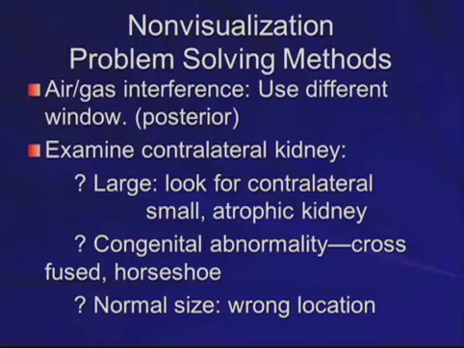Could there be a congenital abnormality? That's very important to think about. Is the kidney, for example, a cross-fused ectopia? The kidneys would be on the same side. And then finally, if the contralateral kidney, the one you visualize, appears very normal, then look for a kidney that's perhaps in the wrong location.